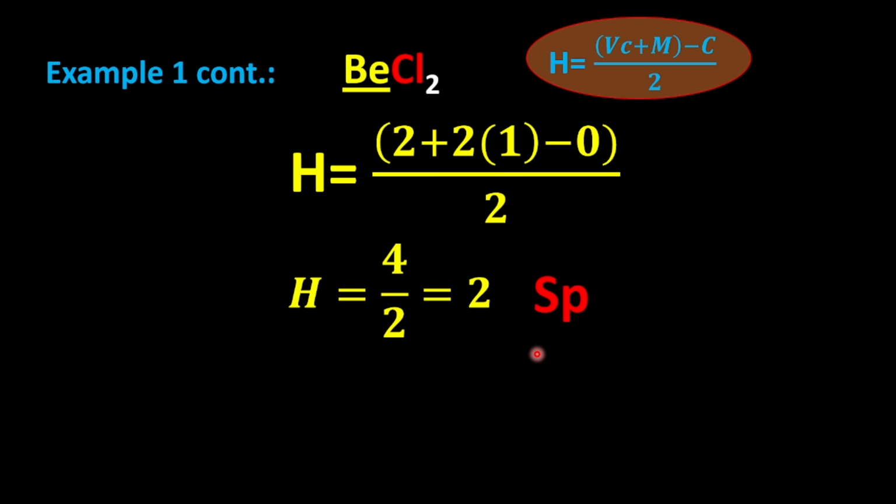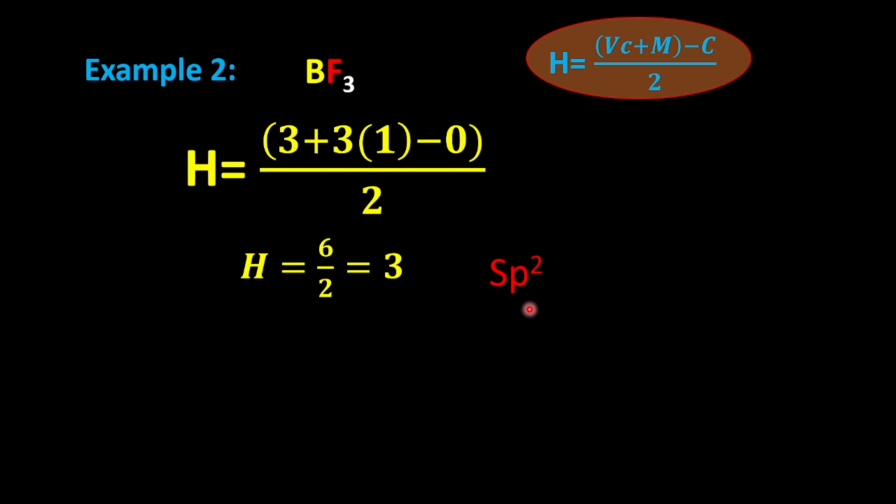So that gave us 4 over 2 is equal to 2. And as I said, when you have H equal to 2, that indicates that it is sp hybridized. So that is for the first example. I hope you enjoyed this. Let's move to the second one.